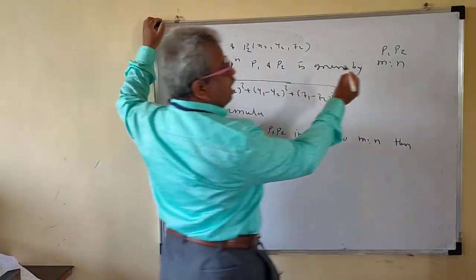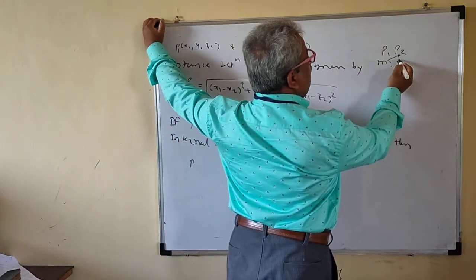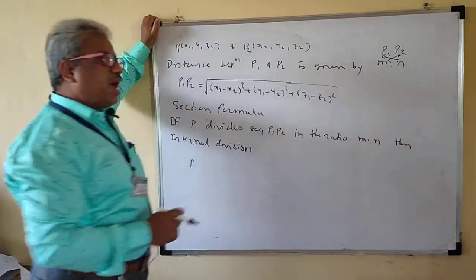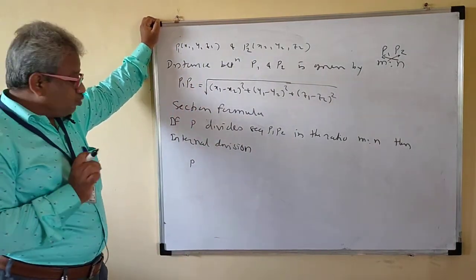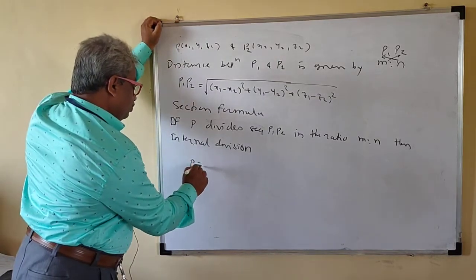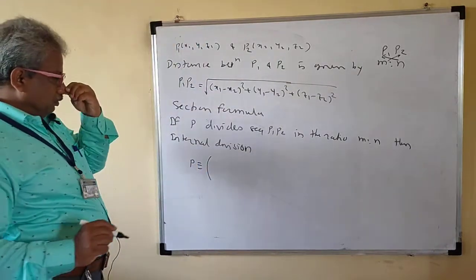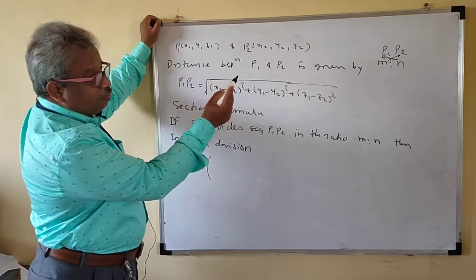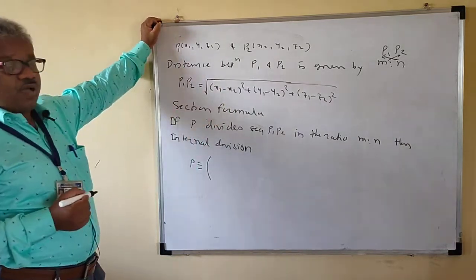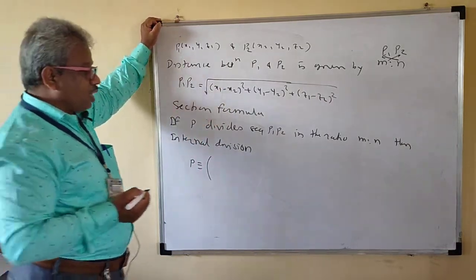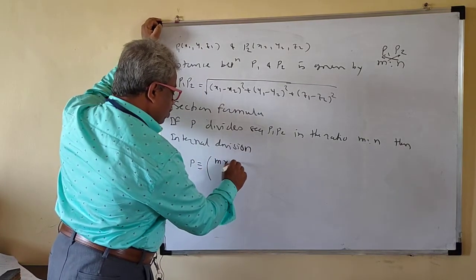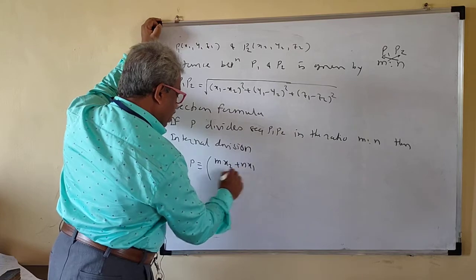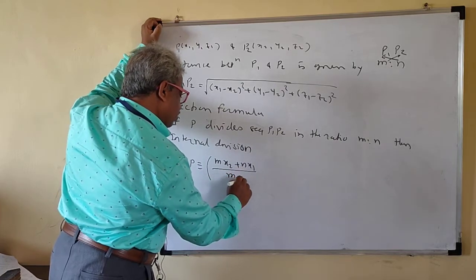Then what you have to do? You have to multiply m to P2 and n to P1, because it divides P1P2 internally in the ratio m is to n. Then your P is: I will first multiply m x2 plus n x1 upon m plus n.